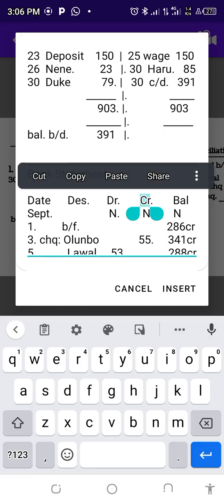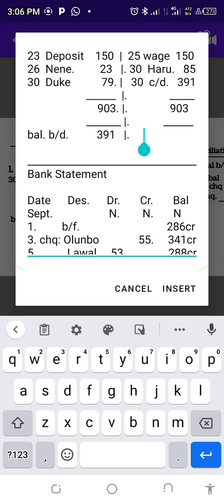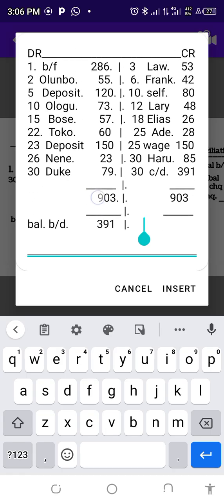That is, all cheques that are deposited are traceable at the credit side of the bank statement. So that is the first assignment we are going to do. We are going to check all these transactions. Balance brought forward 286, Olumbo and the rest of them.